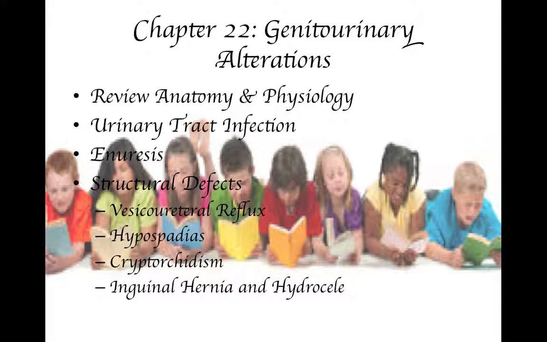The healthcare provider may recommend a renal scanning to identify anatomic abnormalities that may be the cause of UTI, especially when you're looking at this in the male. I do want you guys to also look at table 22-1 in your text on page 700, which goes over the clinical manifestations of UTI in children of various ages.